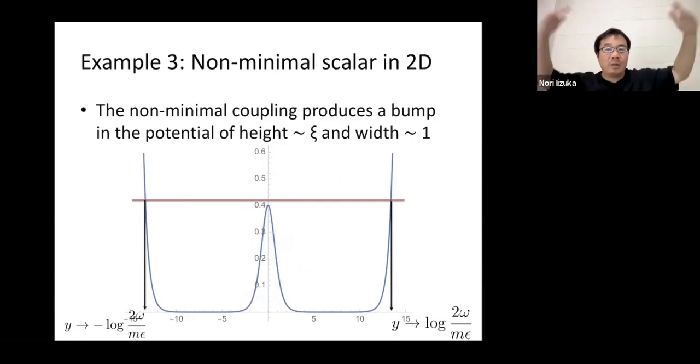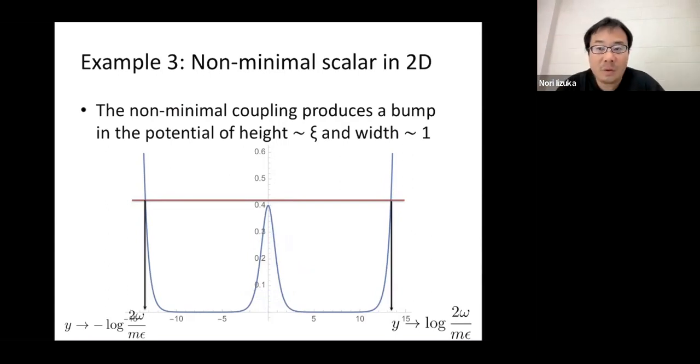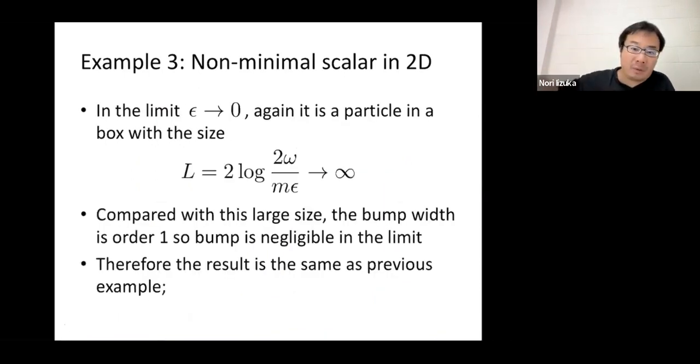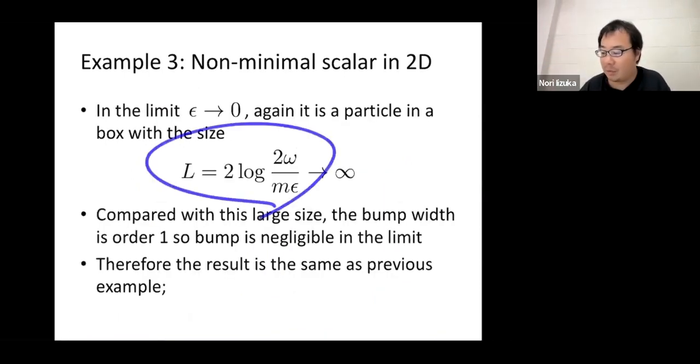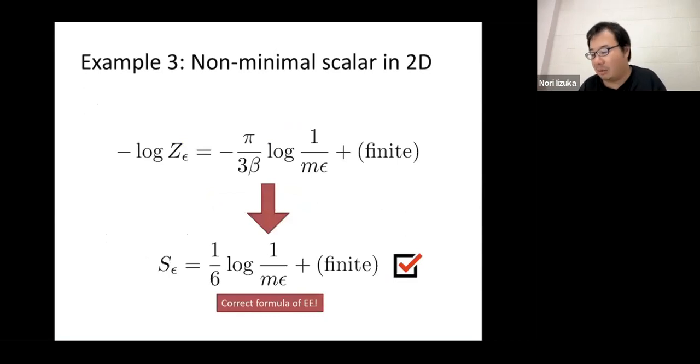Does that influence the dominant contribution in your final partition function? Naively you may say no. Actually, you can show that the answer is that in the epsilon goes to 0 limit, in the leading order, it doesn't contribute. So you just calculate the final partition function as the size goes to large, and then evaluate the partition function and entropy.